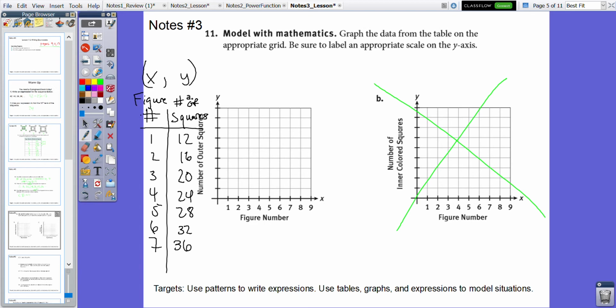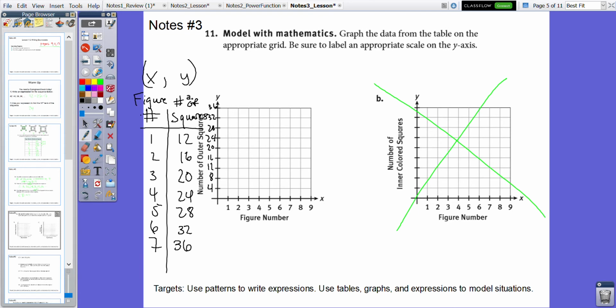Oh, we have to actually scale our y-axis. That's important. For this one, I would scale everything by 4. So for instance, this right here, just make it 4, and then 8, and then 12, 16, 20, 24, 28, and 32 at the top here, and 36 at the top.